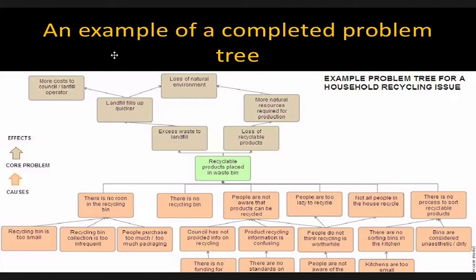So people are not aware because they cannot understand what should be done about recycling. And people do not think recycling is worthwhile because people are too lazy to recycle. So maybe they don't understand the importance of recycling.